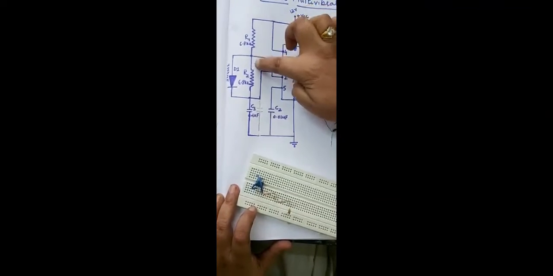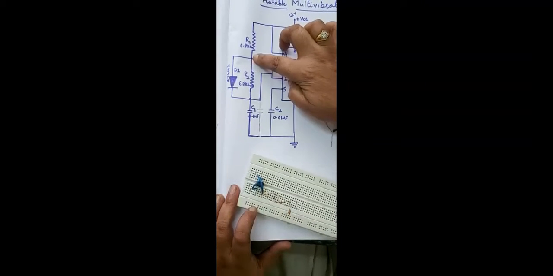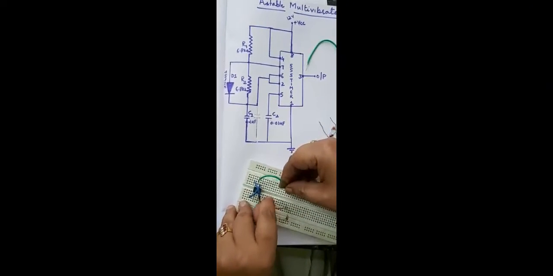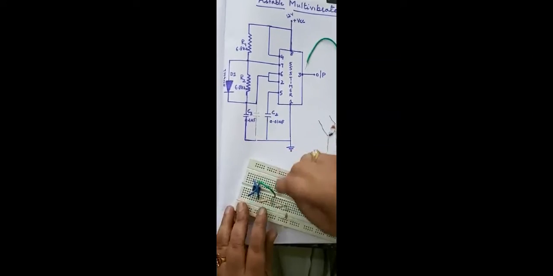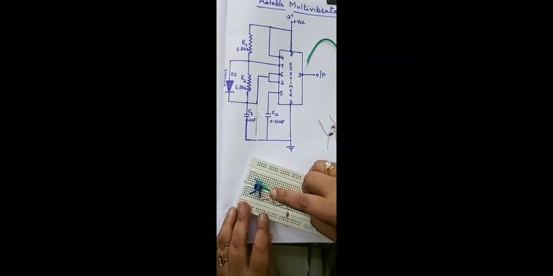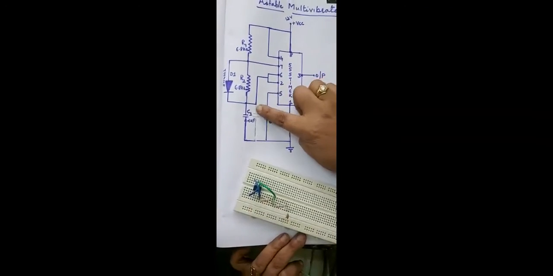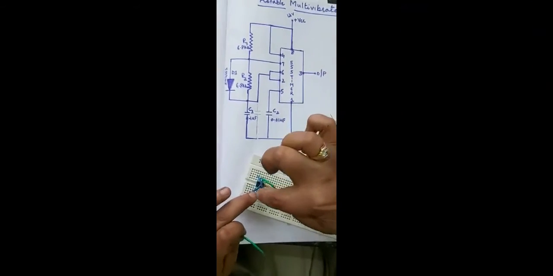Now I will connect pin number 7 to the junction of the two resistors, that is R1 and R2. You can see here pin number 7 is connected to the junction of R1 and R2. Another connection is from pin number 6 and 2, which we have already shorted.